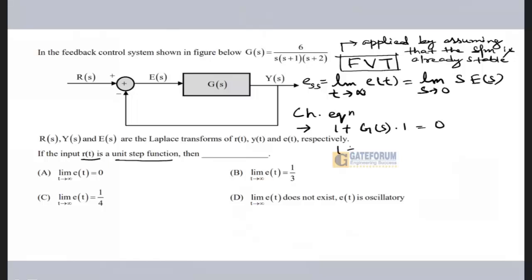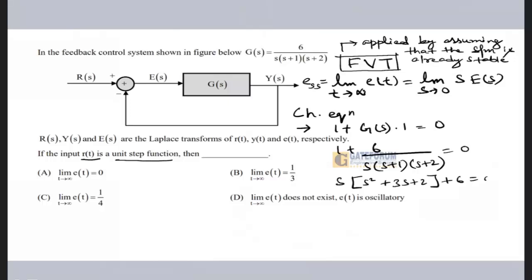So 1 plus 6 upon s into (s plus 1)(s plus 2) equal to 0. This gives s squared plus 3s plus 2, plus 6, equal to 0. The characteristic equation you get is s cube plus 3s square plus 2s plus 6 equal to 0. Now this is a third order characteristic equation.